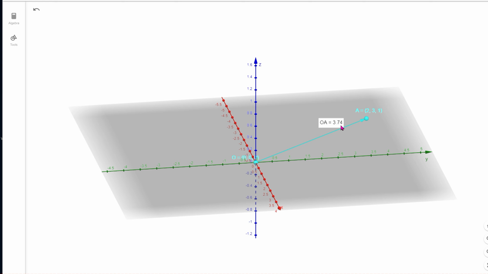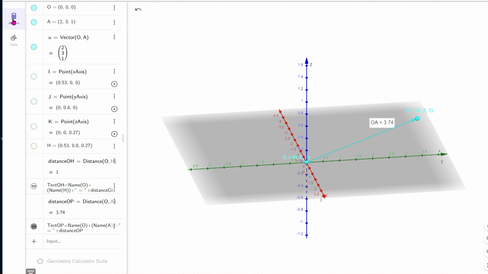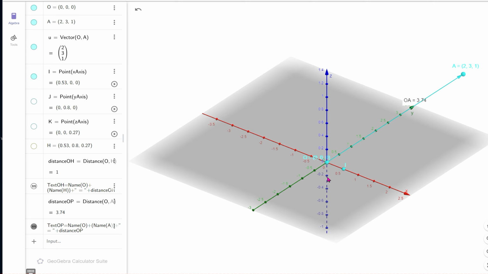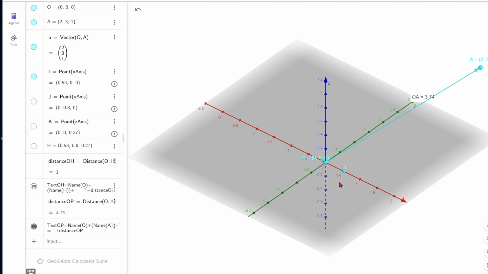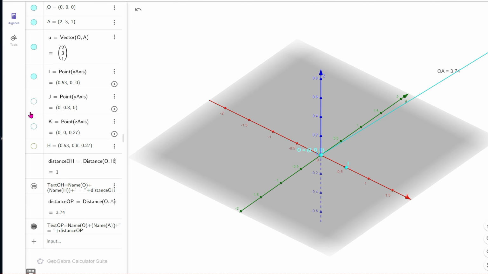Now we have to find where this unit vector comes. In order to find the unit vector, first we apply the i component. The i component is 0.53, so along the x-axis you have the i component, which is 0.53.